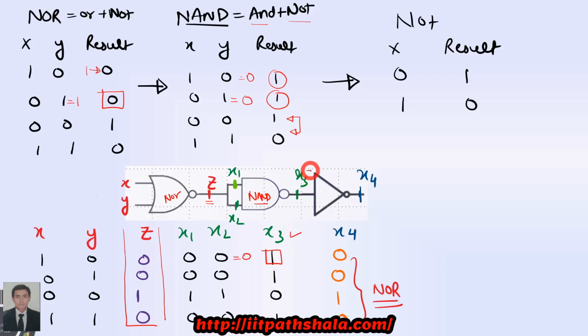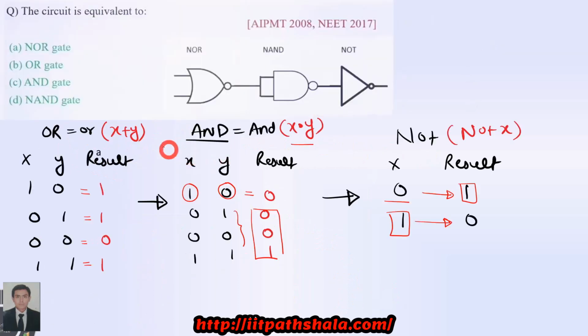Now it's a simple NOT gate over here, so you are negating this output which you are getting at x3, and you're landing up with the following output over here. So this output, if I compare with my results over here, is nothing but my NOR gate. So option A is correct, which is NOR gate.